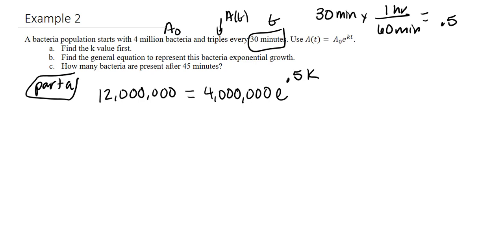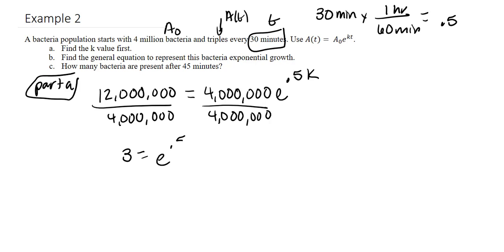So now we can go ahead and divide by 4 million on both sides. So really we're left with 3 on the left-hand side. So we have 3 is equal to e to the 0.5k. So this became a lot more simple. So now we can go ahead and take the natural log on both sides.